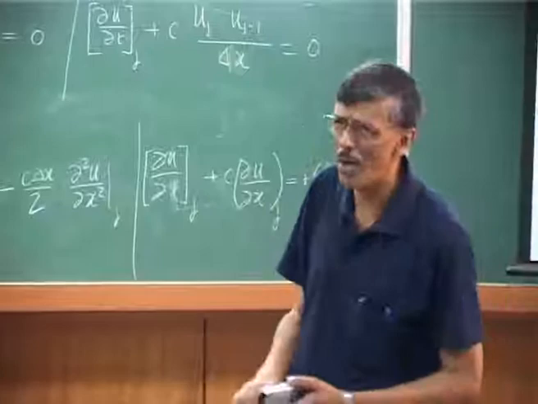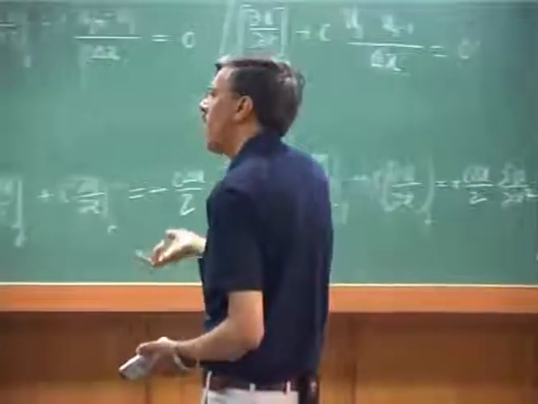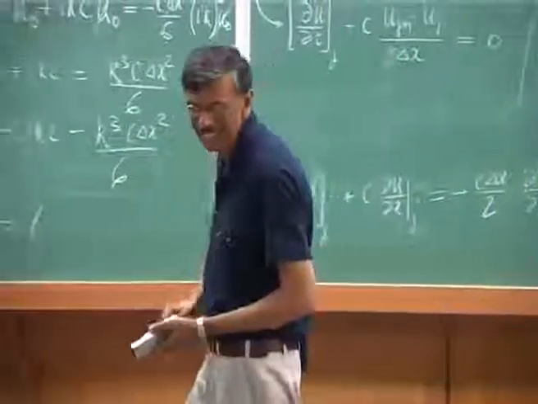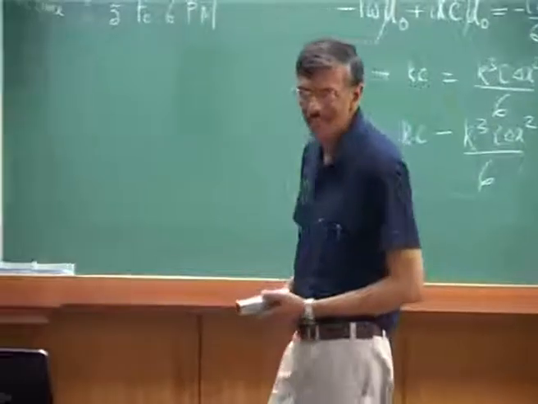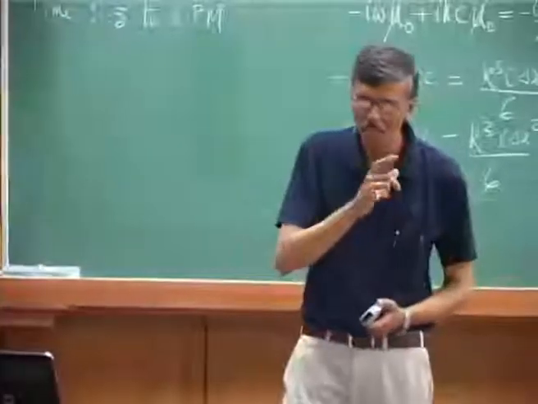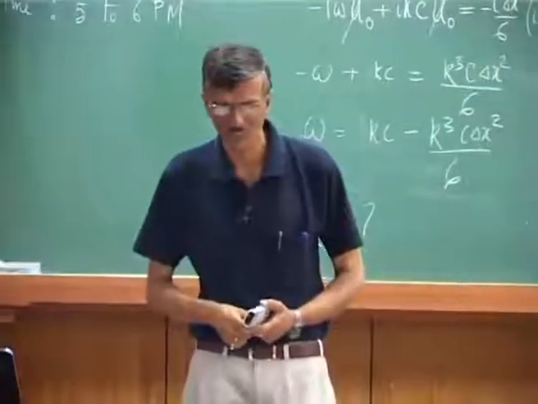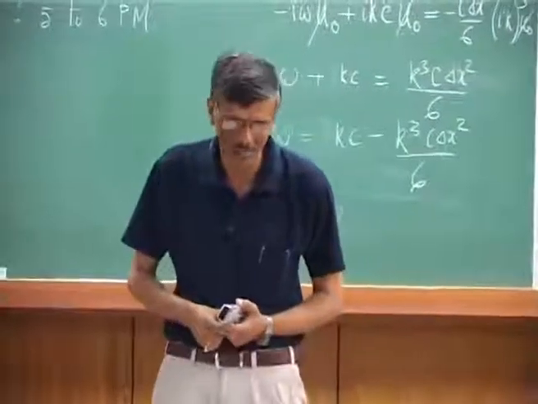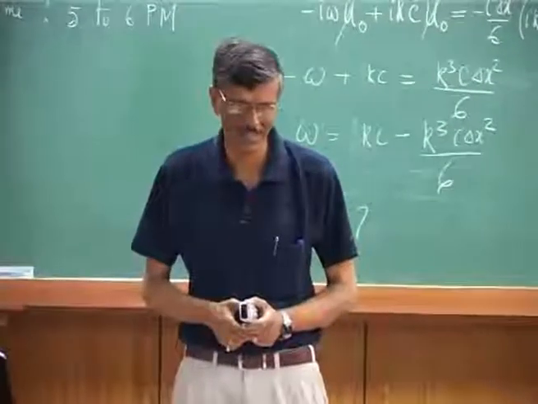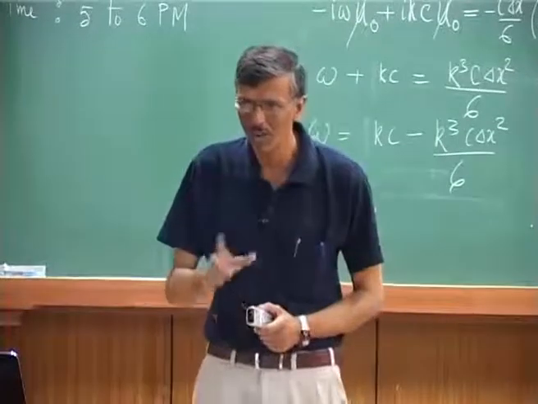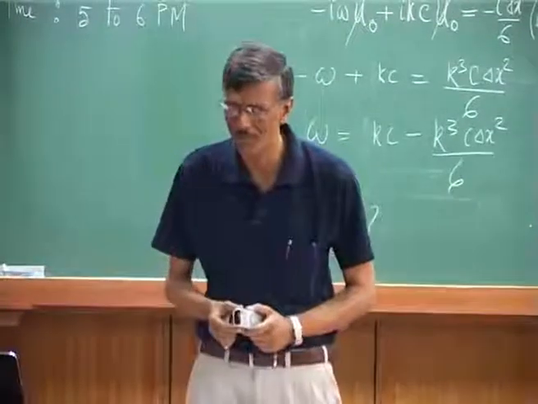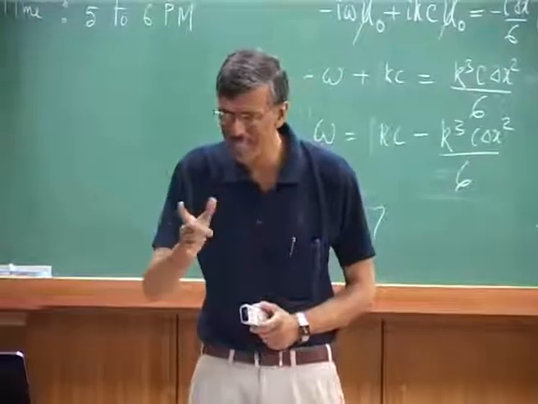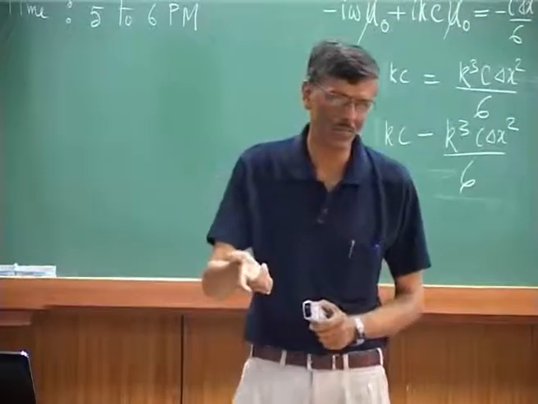In many physical problems, you will find that the governing equation already has a second derivative term. Then is it safe to add a second derivative term for numerical stabilization? The answer is no, because you are then going to alter the physics of the problem, because physically itself there is a second derivative term.